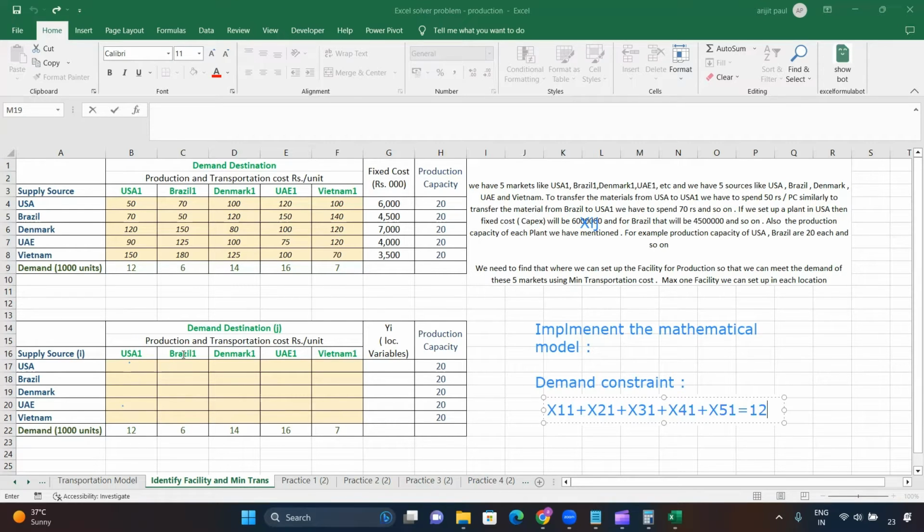Now we need to do the same thing for Brazil, Denmark, UAE, and Vietnam markets as well. So how can we write those?